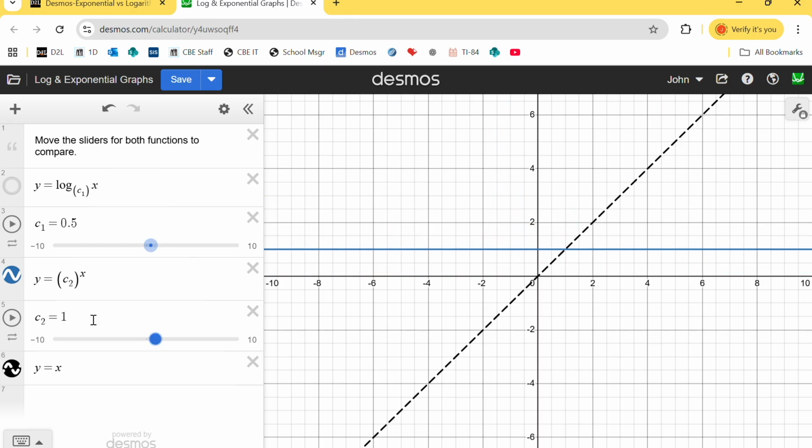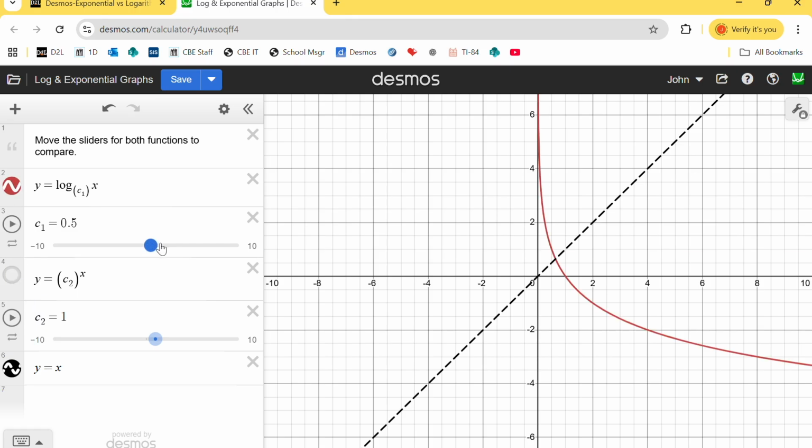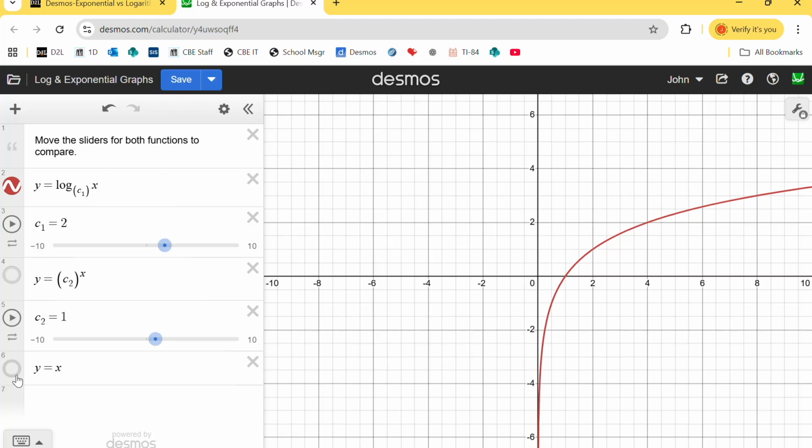Well, what do you think is true about a logarithmic function? So let's put this back at 2. Take away that mirror line. If we said for an exponential function, the base cannot be 0, can the base be 0 for a logarithmic function? Let's take a look.